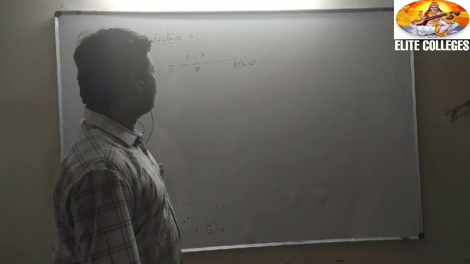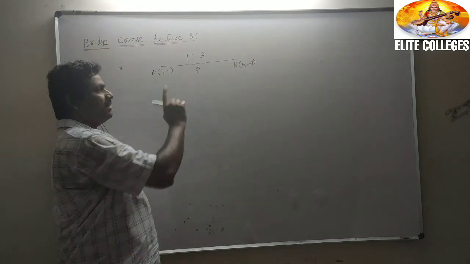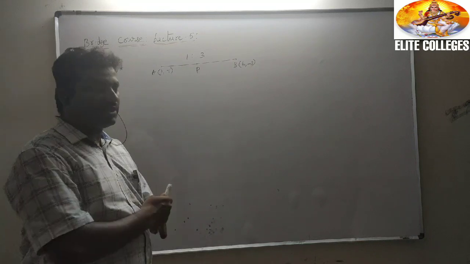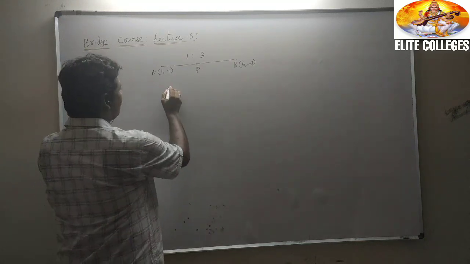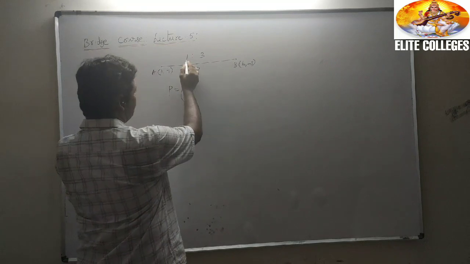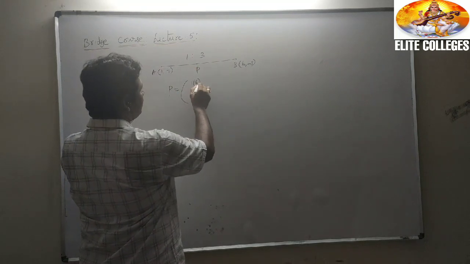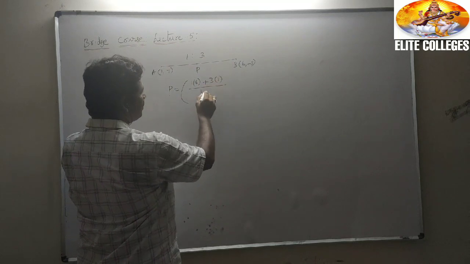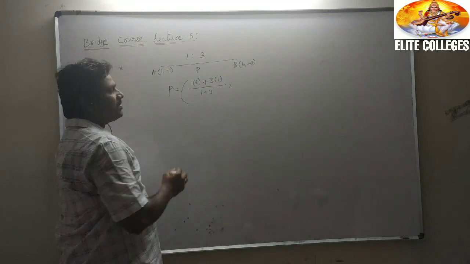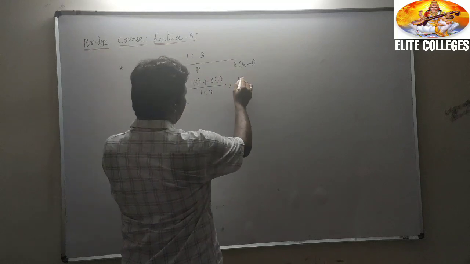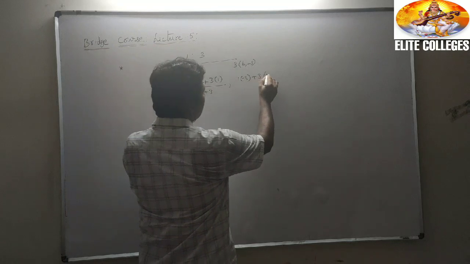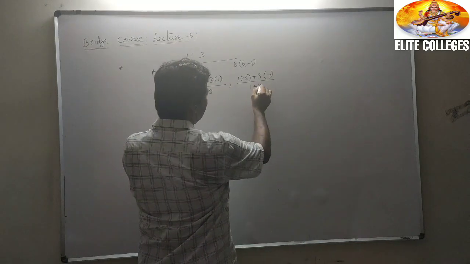Now see this problem. The point P which divides AB in the ratio 1 is to 3. Now we have to find the coordinates of P. P equal to (mx2 plus nx1) by (m plus n): 1 into 6 plus 3 into 1 by 1 plus 3, comma 1 into minus 3 plus 3 into 7 by 1 plus 3.